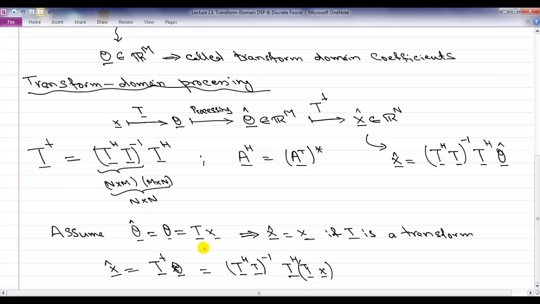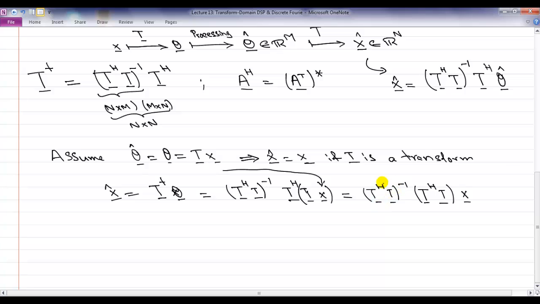So I have just input the value of theta in here, and I have input the value of the pseudo-inverse. Now, matrix multiplication is associative, so as long as we don't change the order of multiplication, I can group them in any way I want. So I can simply write that as T Hermitian T inverse T Hermitian T times x.